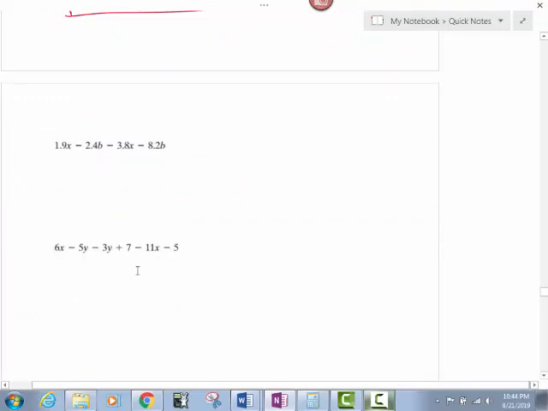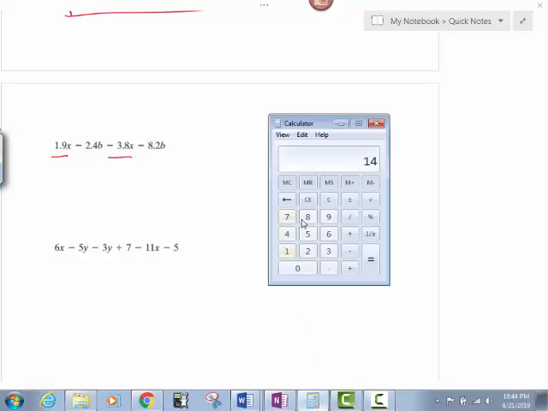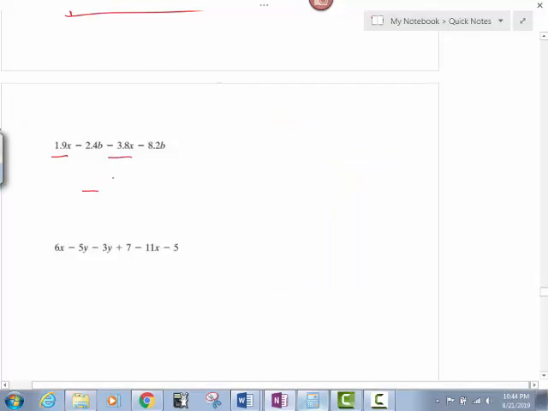All right, coming along with the next problem here: negative 1.9x minus 3.8x. First thing I'm going to do is grab my calculator. Let's clear that out. What is negative 1.9 minus 3.8? That's telling me the number in front of my x.